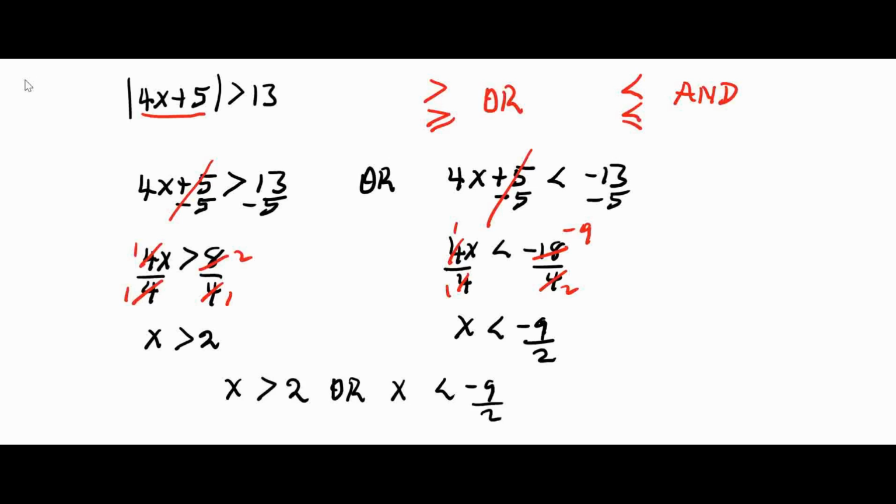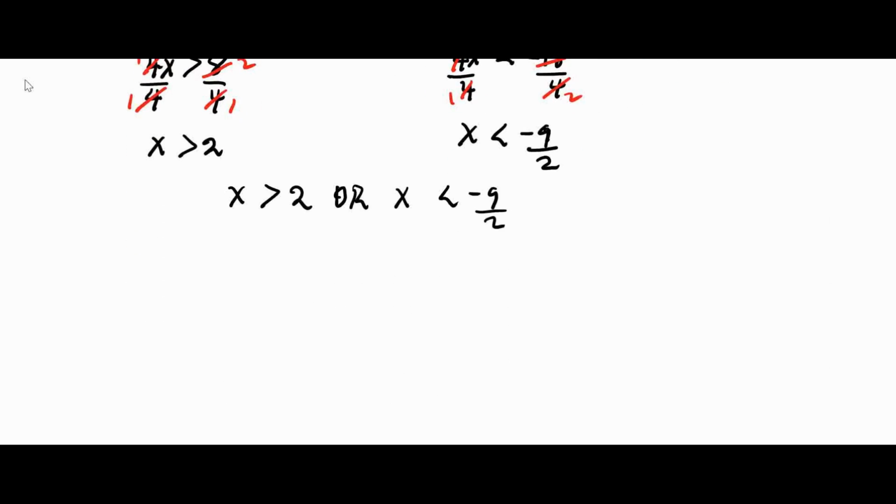Now we can go ahead and graph the solution. So this is our number line, and it's continuous on both sides. Now we have negative 9 over 2, and we also have positive 2.